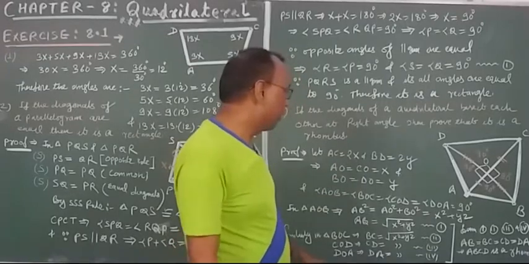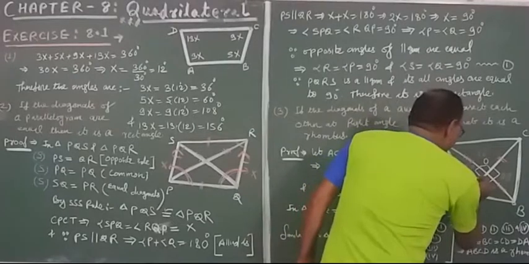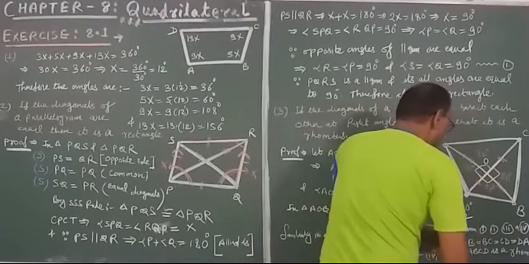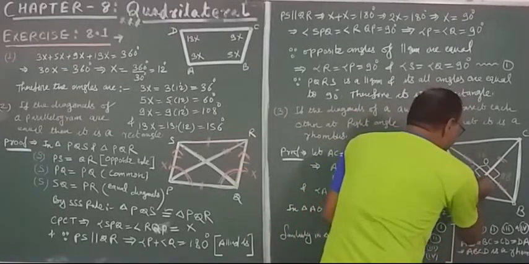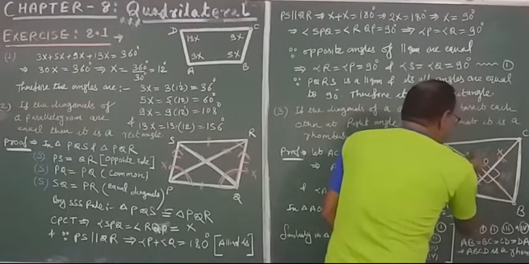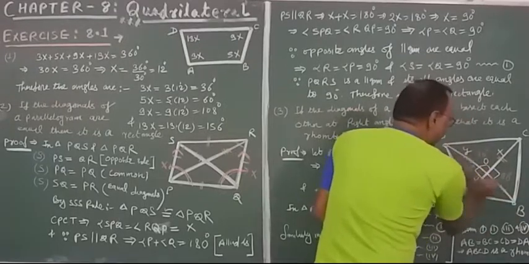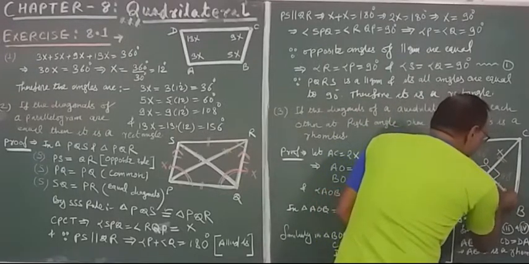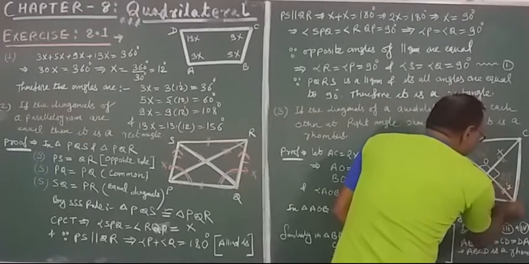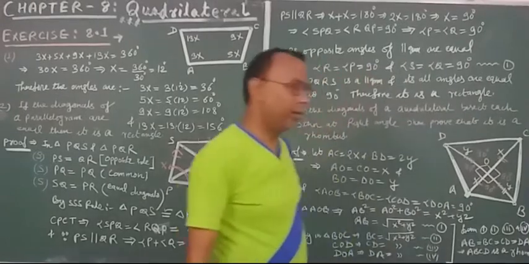Therefore, what is the value of AO? This will be x. This will also be x. This is the value of BD, 2y. If they are bisecting at 90 degrees, it means BO is equal to y and DO is also y. Is it okay?